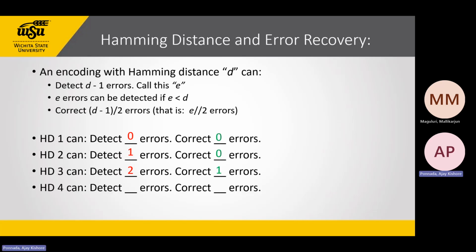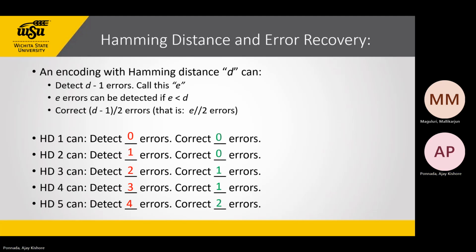Hamming distance 4 can detect 3 and correct 1, since 3 by 2 with floor division is 1. And 5 can detect 4 errors and correct 2 errors. So this is the formula: detect D minus 1 errors and correct (D minus 1) by 2 errors.